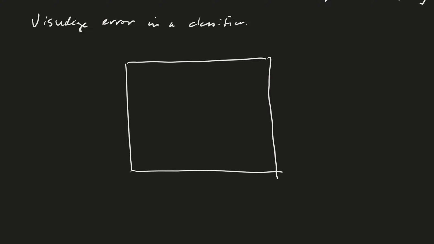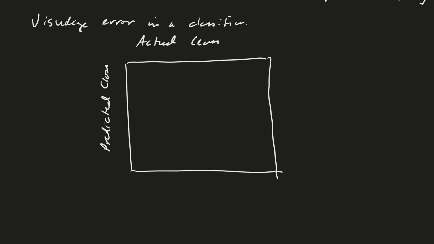is that along the vertical here, we're going to have predicted values, predicted class, and on the other axis we'll have the actual class.